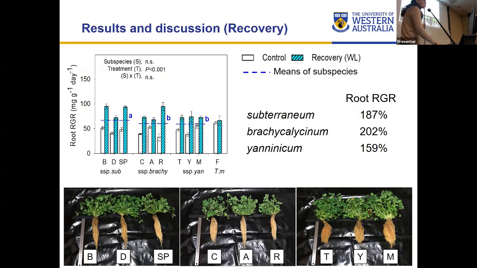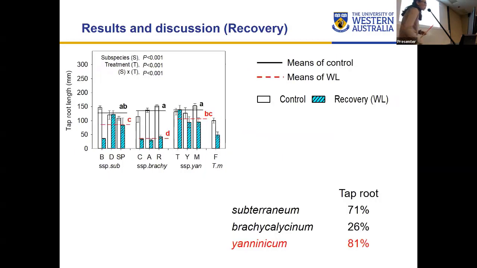All other measured traits such as leaf size, petal length, and stomatal conductance recovered to the same levels as the well-drained condition. The only exception was the taproot recovery. Cultivars showing higher waterlogging tolerance, such as cultivar Denmark and cultivars of subspecies Aninicum, had greater taproot recovery.